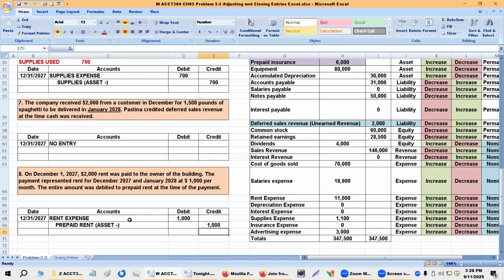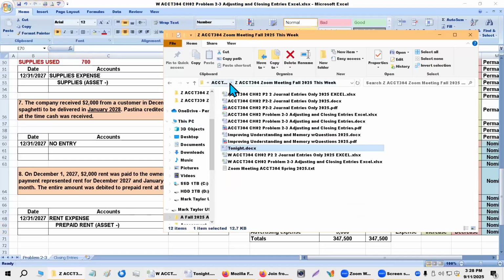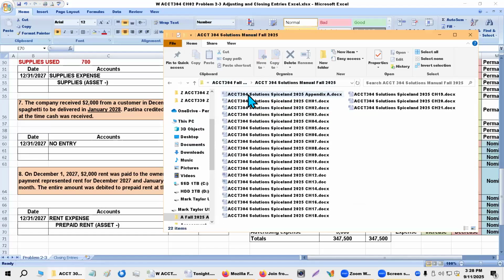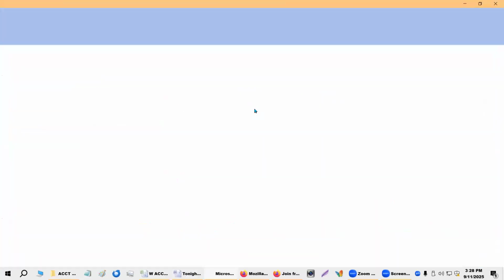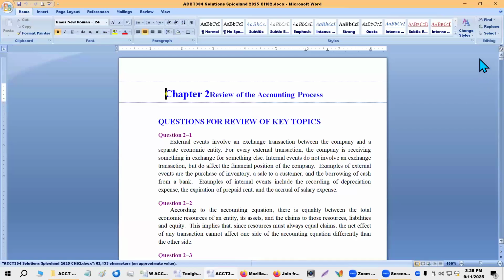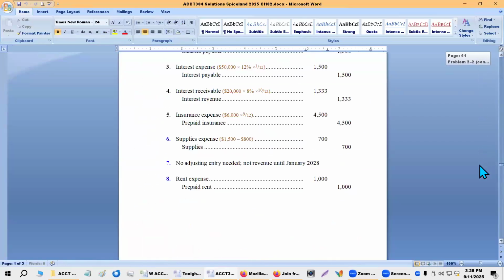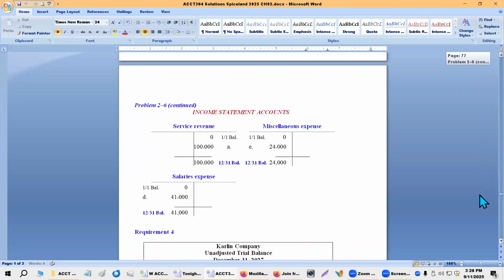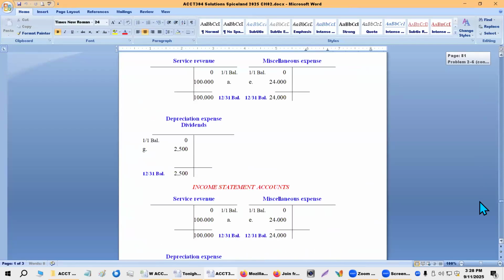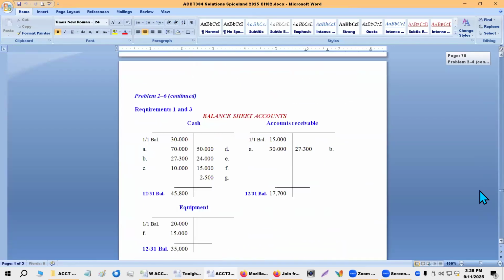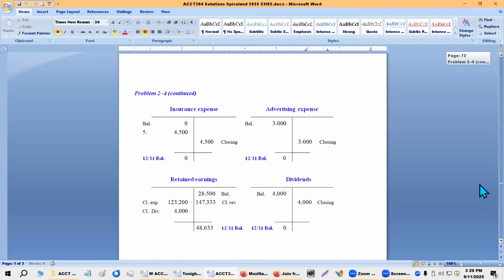Okay, I'm going to do something here though. Let me look at our solutions manual. I want to make sure I get this right. This is problem 2-3.